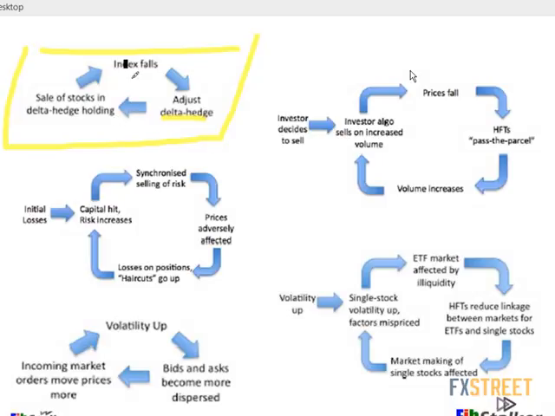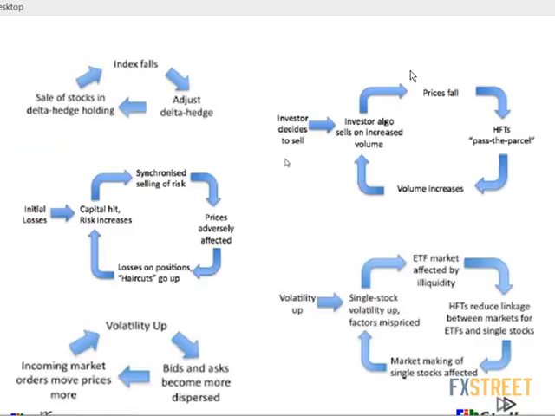And what happens is that when there is an effect on the index, so for example, there is strong selling in the index, the delta hedge has to be adjusted, and as a result, there can be a sale of stock, which feeds in again, and the cycle is closed. Now the index keeps falling, the delta has to be adjusted. As an effect, more stocks have to be sold, and so on. So that's the kind of effect that you can get.